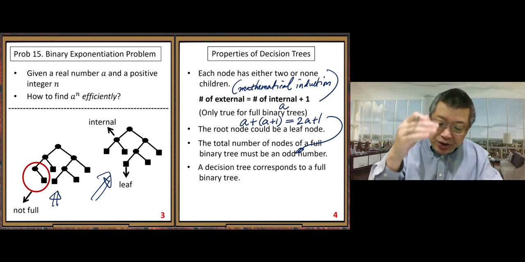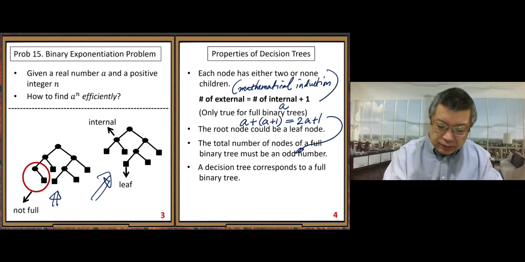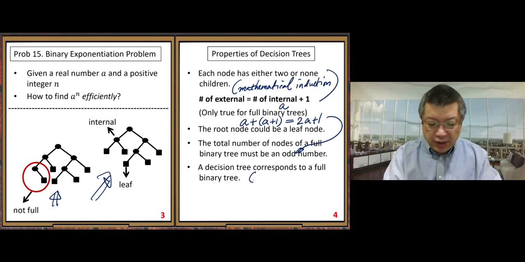All right. A decision tree corresponds to a full binary tree. This property is from our standard textbook, but later we will see that for some special cases, this condition can be relaxed.